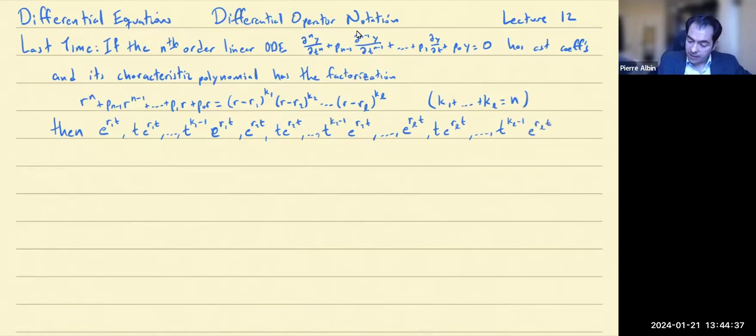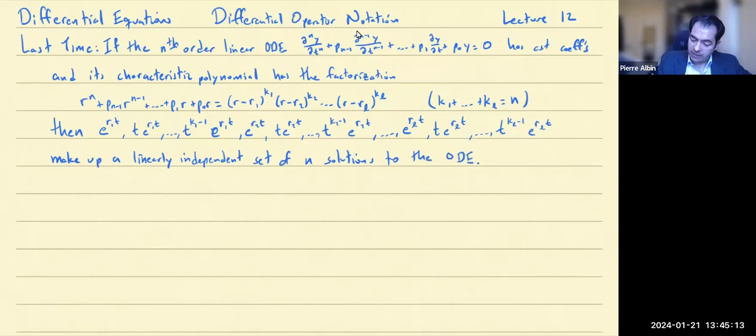I have now written down n different solutions to this differential equation, and these make up a linearly independent set of n solutions to the ordinary differential equation, right?